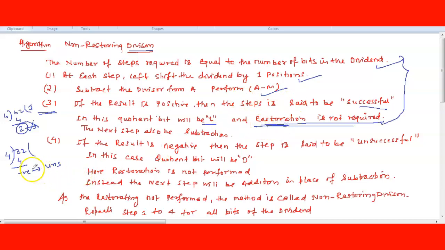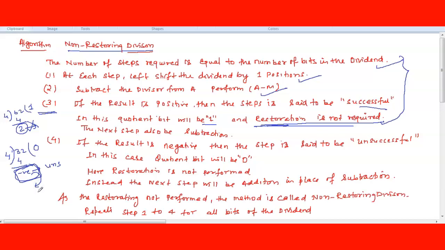Now whenever an unsuccessful step comes, in the previous algorithm, the restoring method, we perform the restoration and the quotient bit will be 0. In non-restoring division, whenever the step is unsuccessful, the quotient bit will be 0, but we do not perform the restoration.